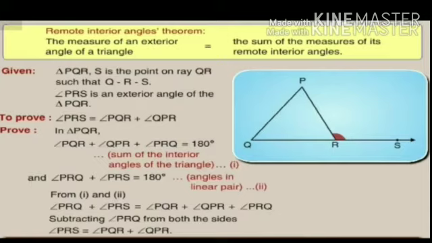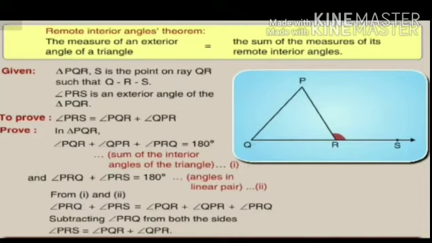Now from first and second, angle PRQ plus angle PRS is equal to angle PQR plus angle QPR plus angle PRQ. Now after subtracting angle PRQ from both the sides, we get angle PRS is equal to angle PQR plus angle QPR. This is the required proof of the theorem.